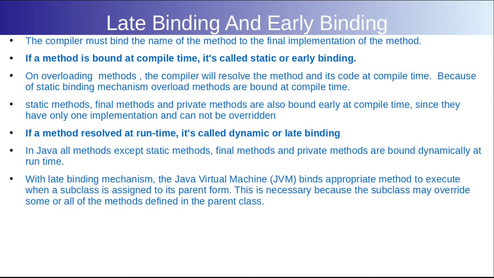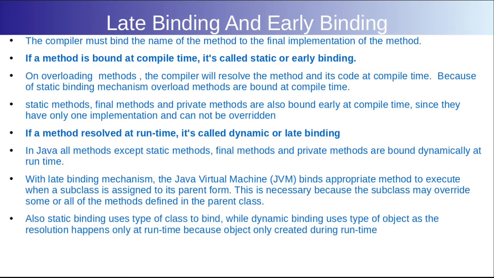With the late binding mechanism, the Java virtual machine binds the appropriate method to execute when a subclass is assigned to its parent form. This is necessary because the subclass may override some or all of the methods defined in the parent class.